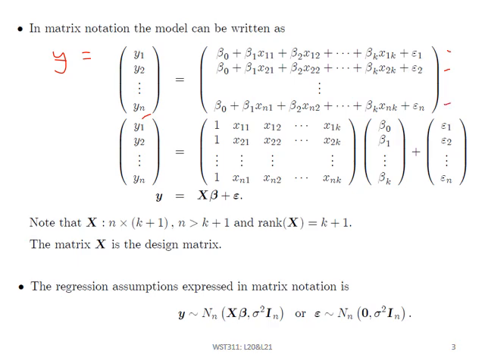We can introduce a parameter vector beta, and then we can rewrite the matrix expression in this form over here, where we have this vector over here, the error vector, epsilon. So in short notation, we have y equals x beta plus the error epsilon.